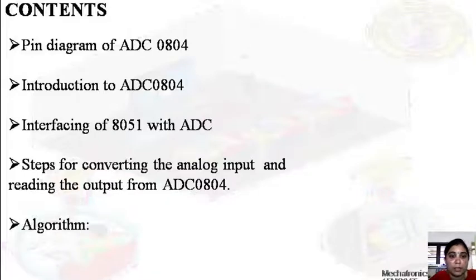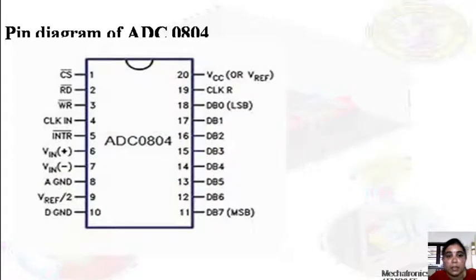Along with that we will see its pin diagram, a brief introduction about it, steps for converting the analog input, and some algorithm. Let's see these contents in detail.